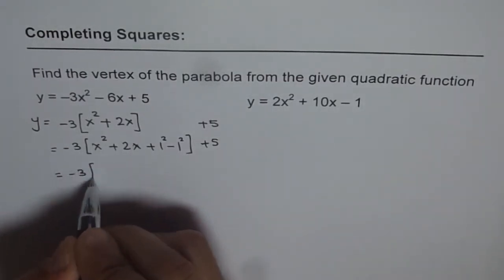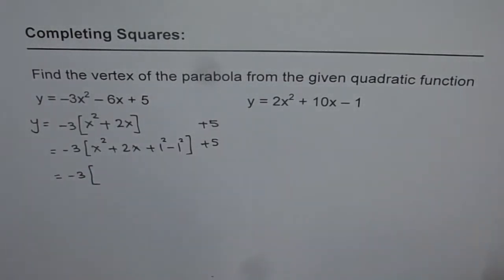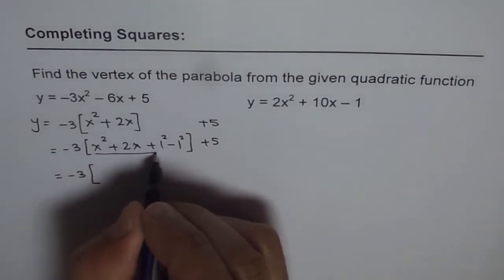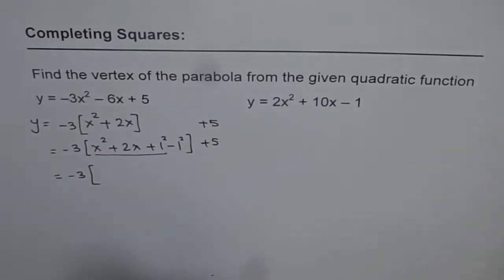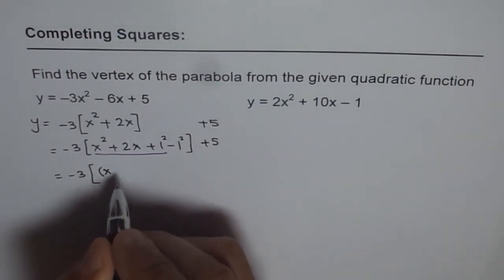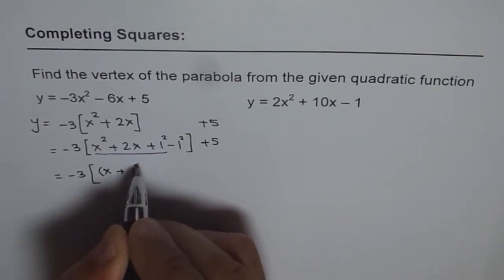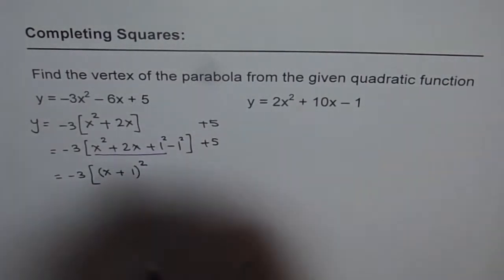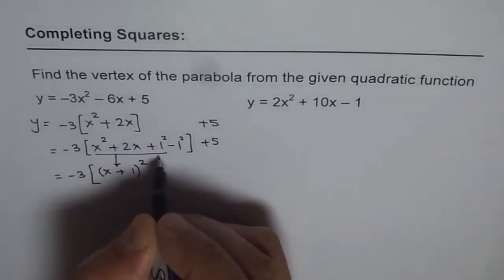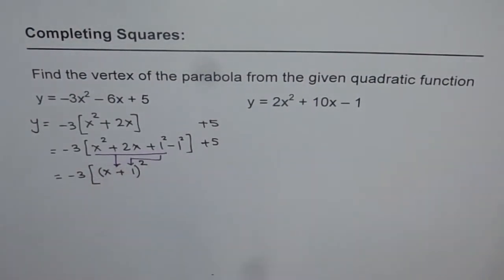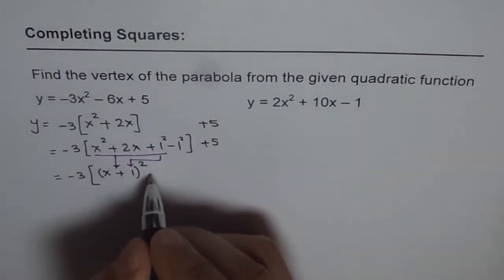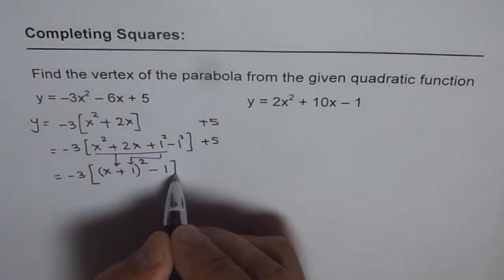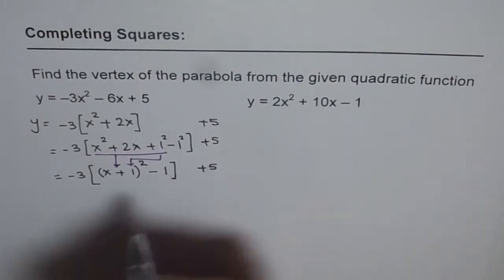Now, as you can see here, the first three terms form a perfect square, right? So they become a perfect square, and we can write them as (x + 3) whole squared. In this, the plus sign comes from here and the 3 comes from that side. Minus 3 squared is 9, plus 5.